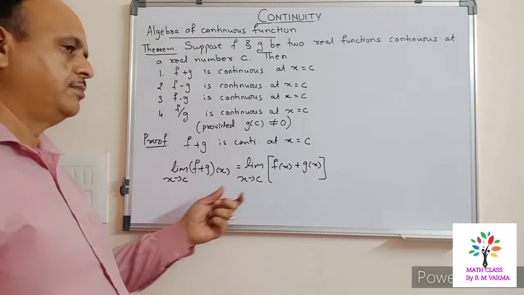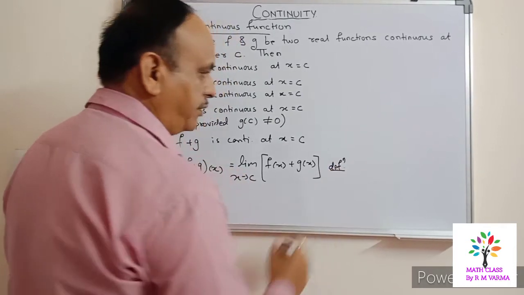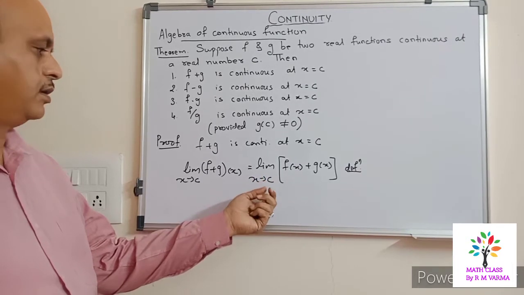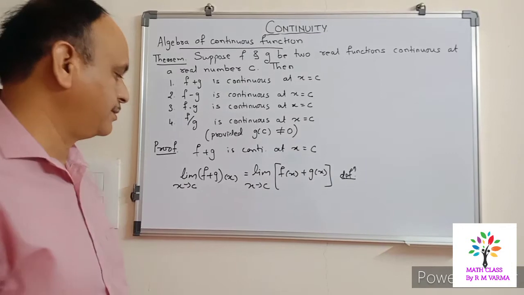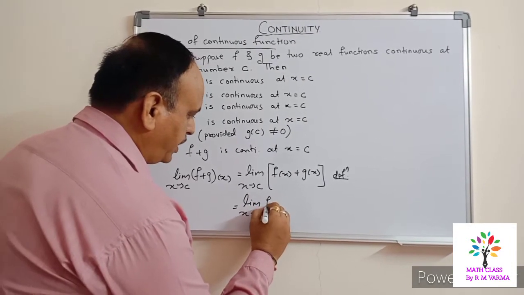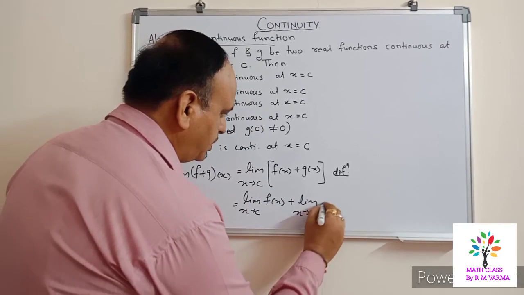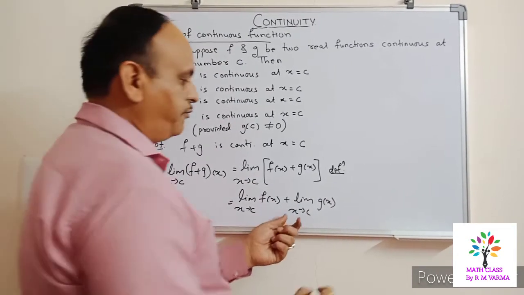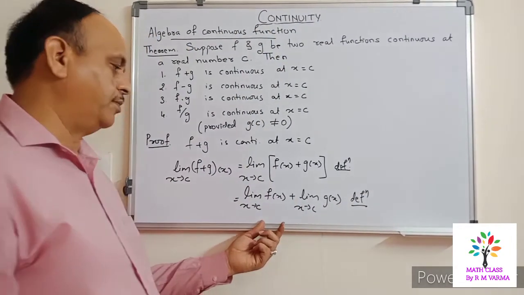This is possible because of the definitions studied earlier. Now further, when two limits are added, this can be written as limit x tends to c f of x plus limit x tends to c g of x. Again, this is by using the definition of limits.